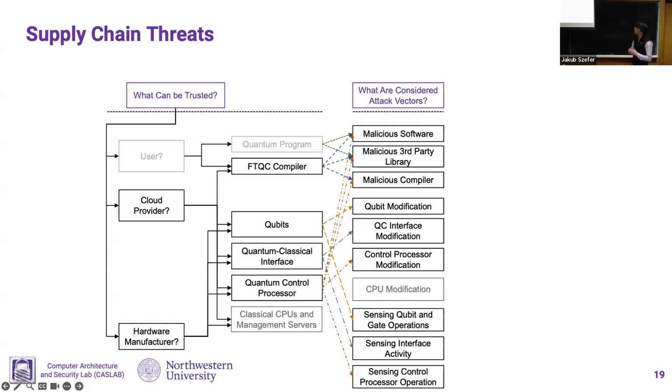Software supply chain has been in the news lately with different Python packages and AI related software packages, but hardware supply chain is less in the news, or very rarely, though I think it's a big concern, especially for government or military applications.